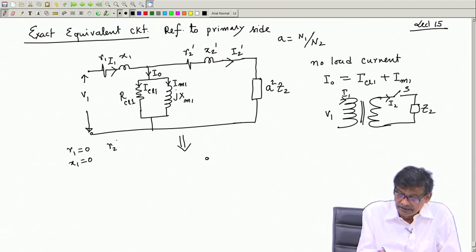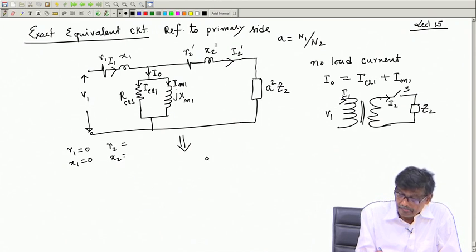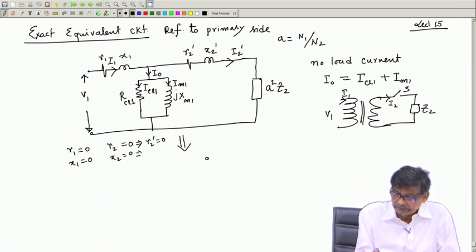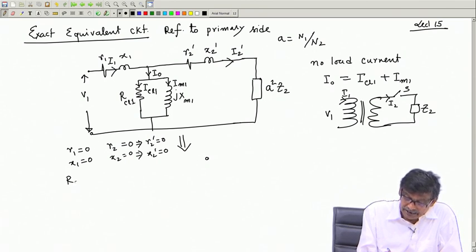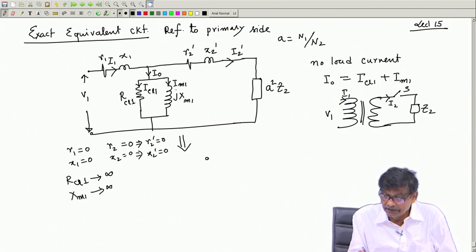Similarly, secondary coil resistance is 0, R2 is 0, X2 is 0, which implies R2 dashed is 0, X2 dashed is 0, and RCL, core loss 1, going to infinity, XM1 going to infinity. So, this equivalent circuit then will simply reduce to this one.